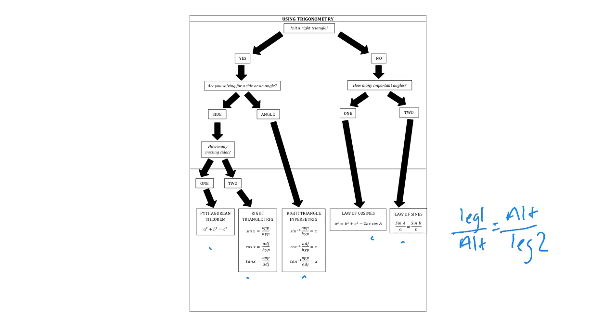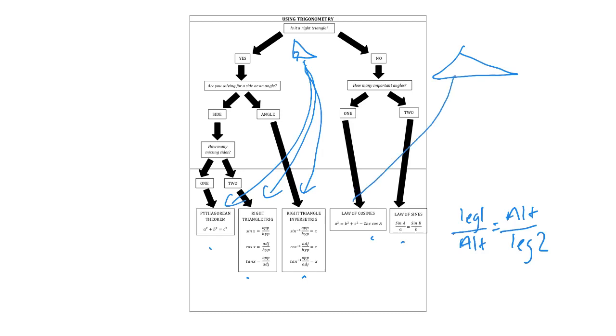Is it a right triangle should always be your first question. If it's a right triangle, we're going to use Pythagorean theorem, trig, or inverse trig. If it's not a right triangle, we're going to use law of sines or law of cosines. And then these are just some questions to help you break it down, but most of you are really good at those. But the most important question is, is it a right triangle? So let's go.